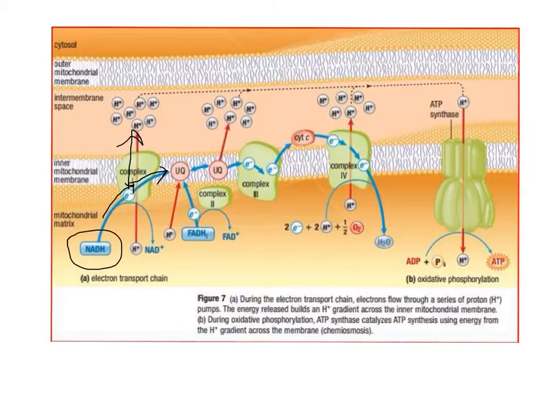Then FADH2 enters into complex 2 because you can't have the same ion in the same protein. So we go into complex 2, then move with the help of ubiquinone into complex 3, then with cytochrome C into complex 4.